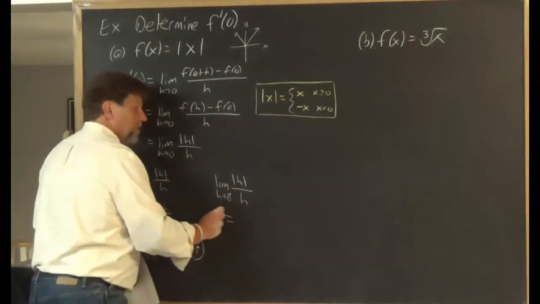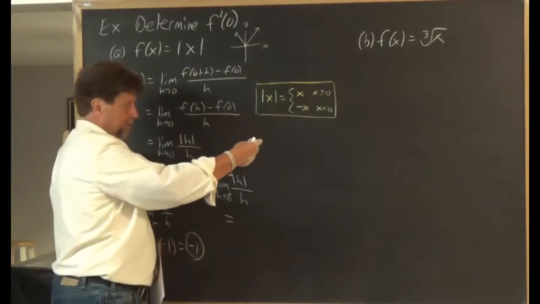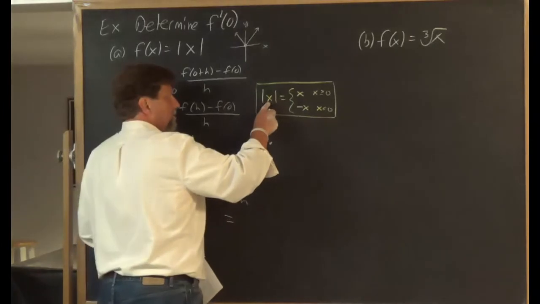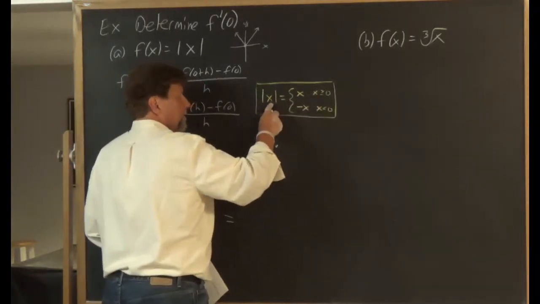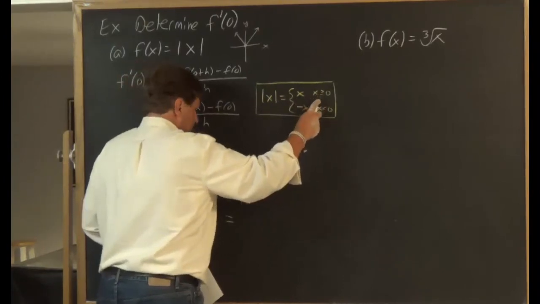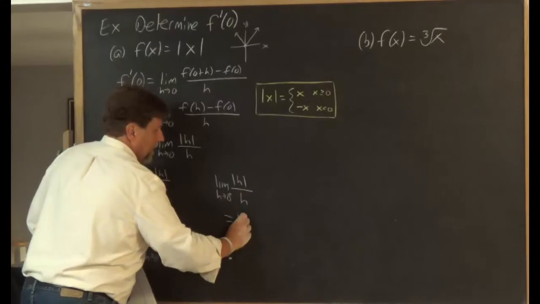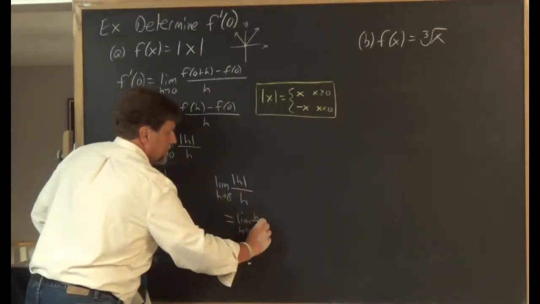Now when h approaches 0 from the right side of 0, so we're out in positive number land, the absolute value of h will equal h because we're in positive land. So I would rewrite this. Absolute value of h is just h.